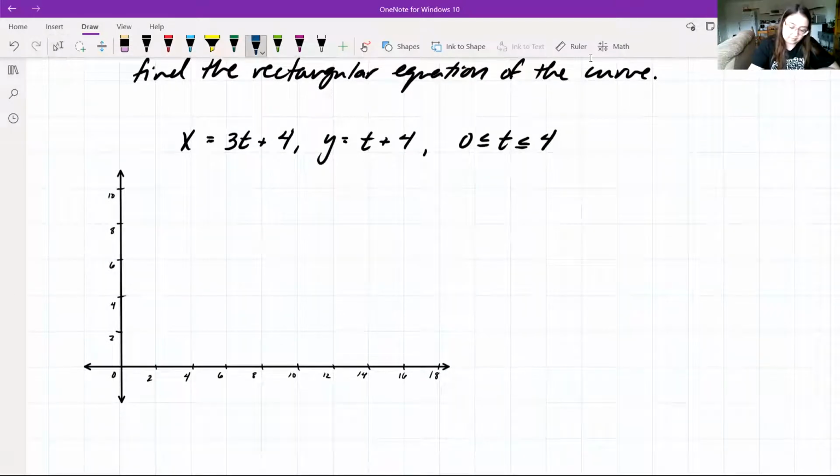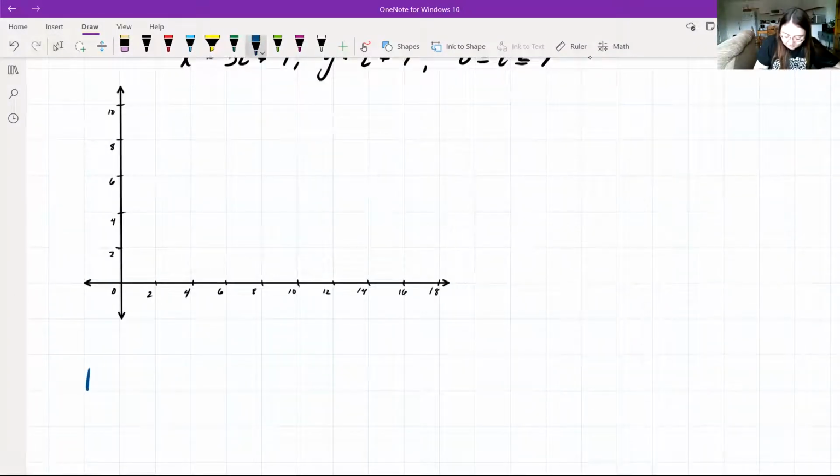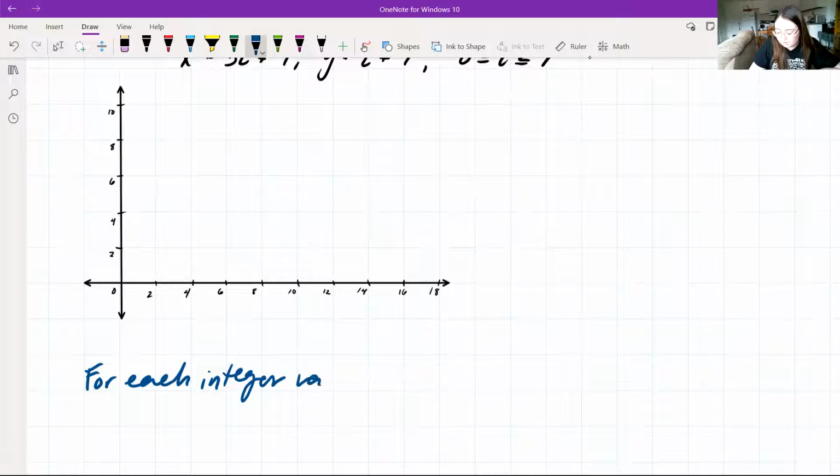So something we can state here is that for each integer value of t, so integer values, these are going to be 0, 1, 2, 3, 4.